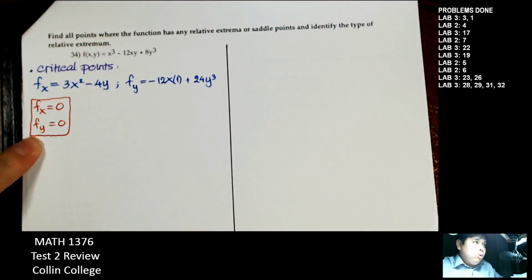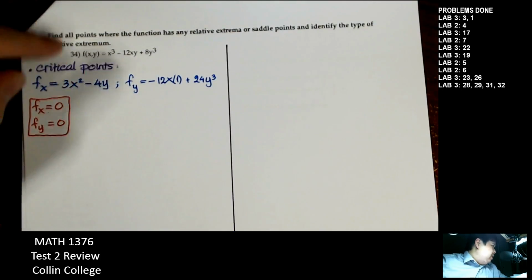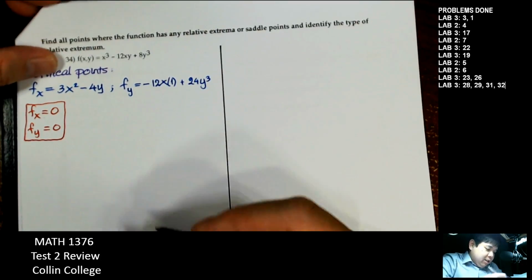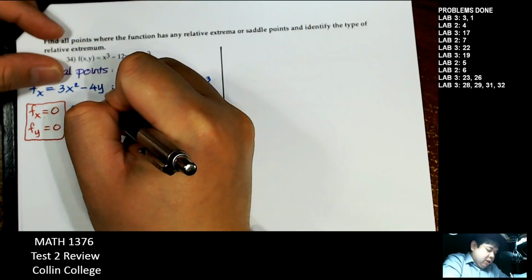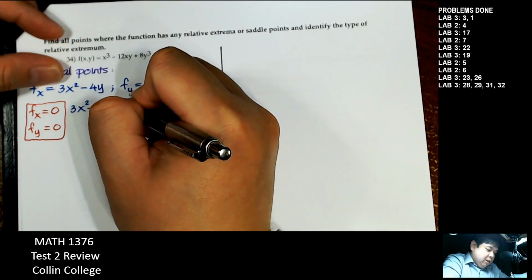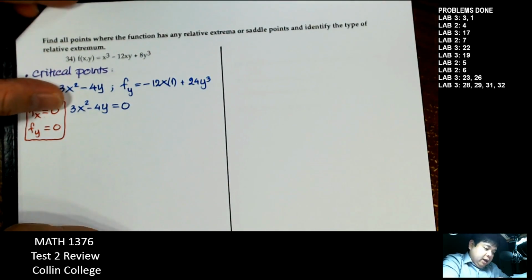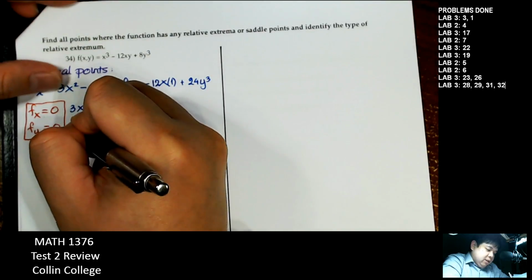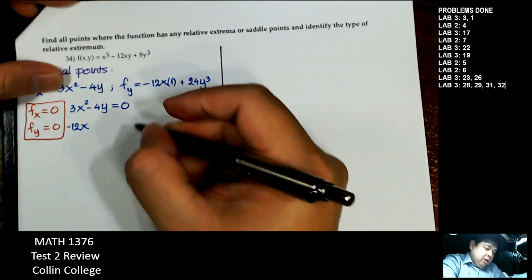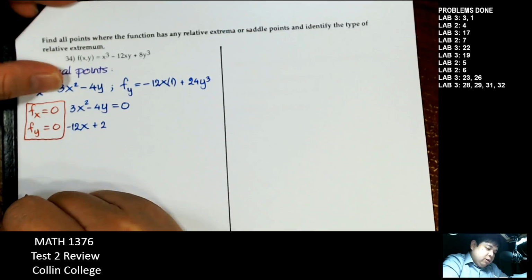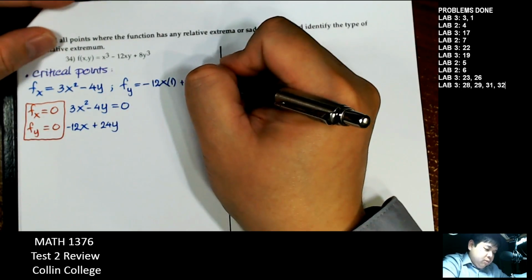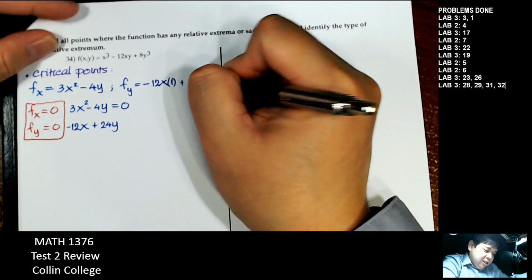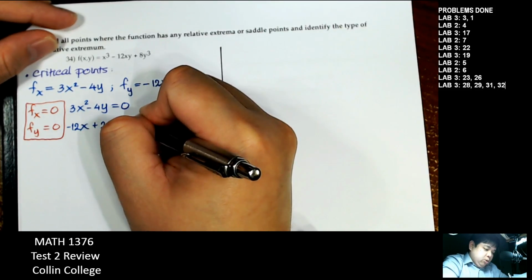So that's where we potentially find the critical points. So 3x squared minus 4y equal to 0, and negative 12x plus 24y squared equal to 0.